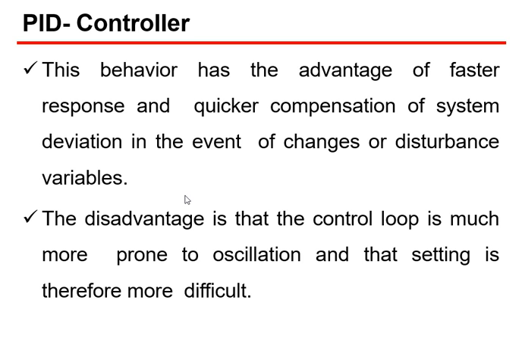So this one disadvantage is there, but most of the advantages are there. If you combine the advantages, you will get them in the PID. Means if you take one advantage of the P controller, one of the I controller, one of the D controller, all these three advantages you will get in this PID controller, but some oscillatory response problem is there.